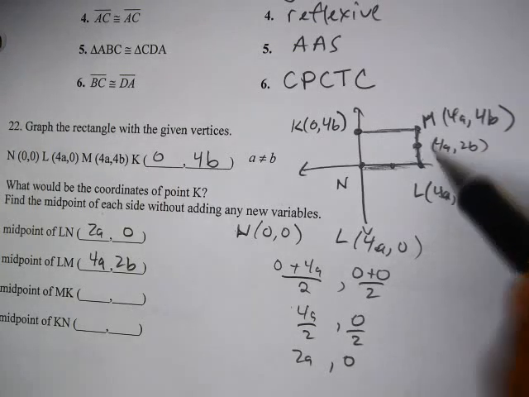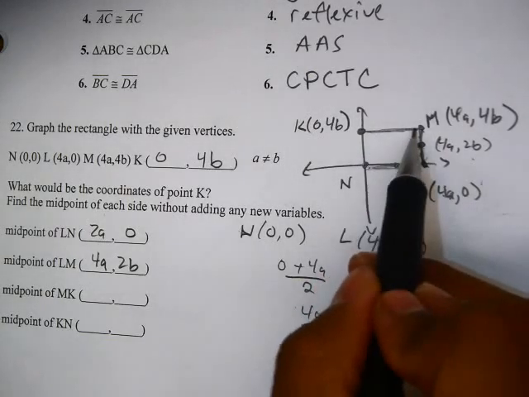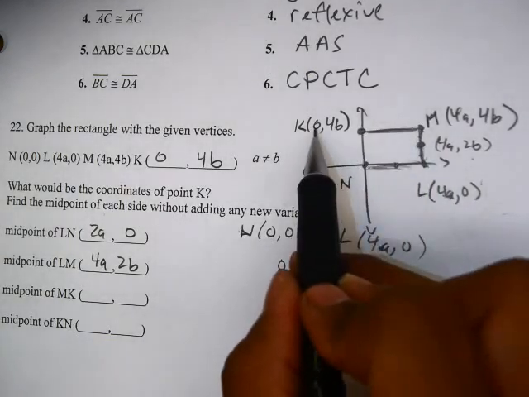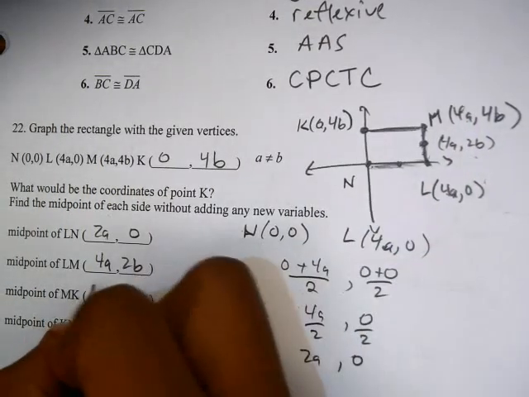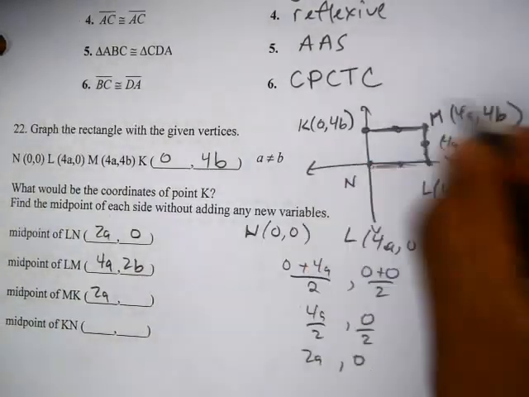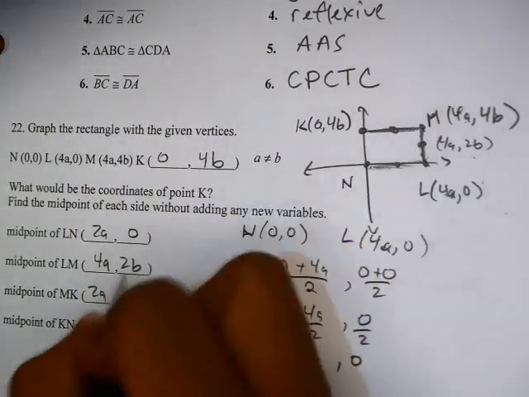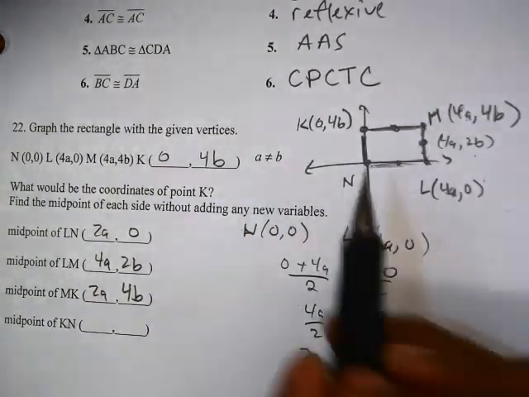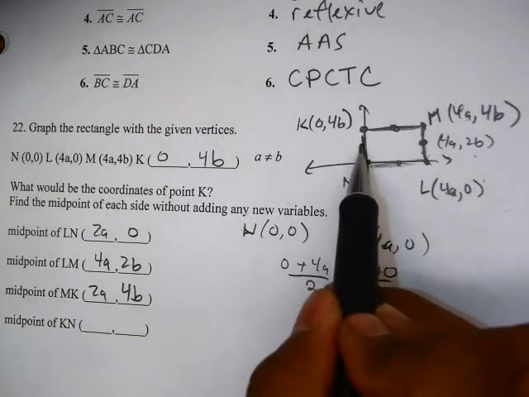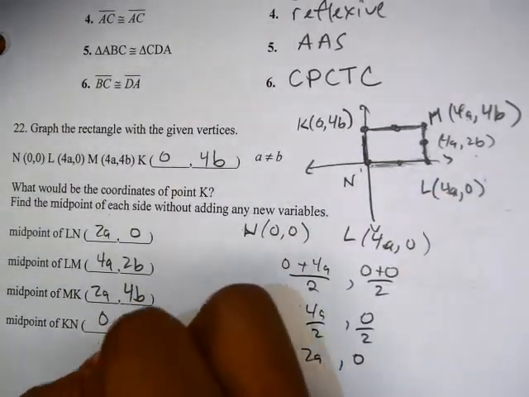I'll get the same 4a, 2b. The midpoint between M and K is the middle between here. Between 0 and 4a is 2a. But the middle between 4b and 4b is still 4b. Between K and N, the middle between 0 and 0 is still 0. The middle between 0 and 4b is 2b.